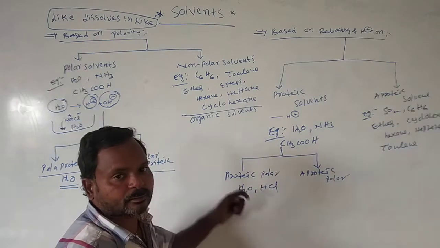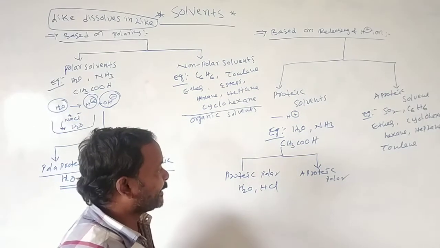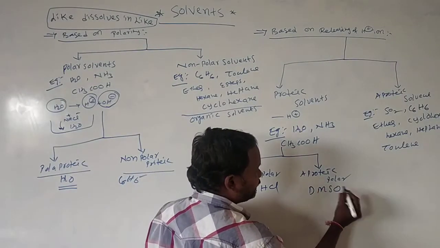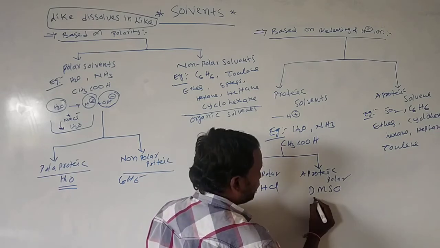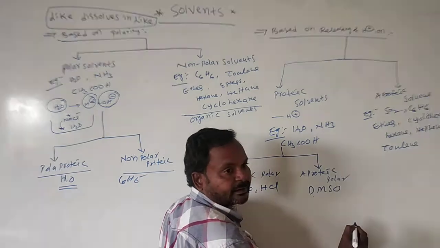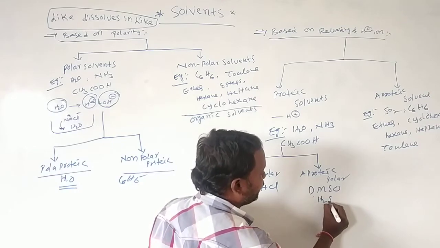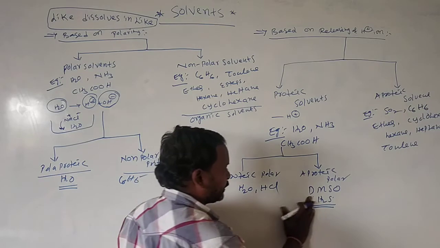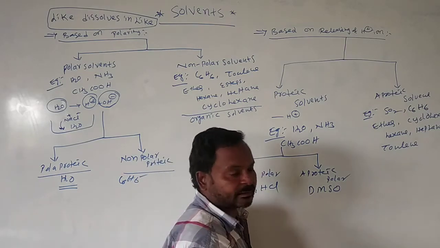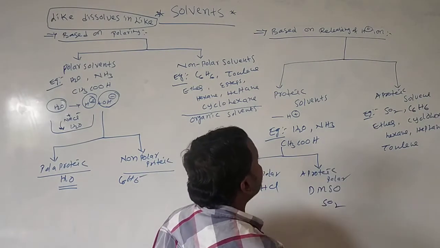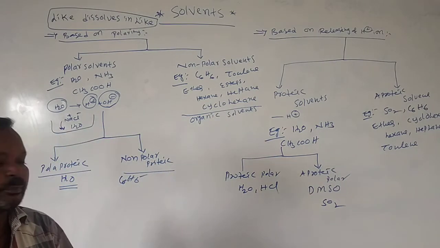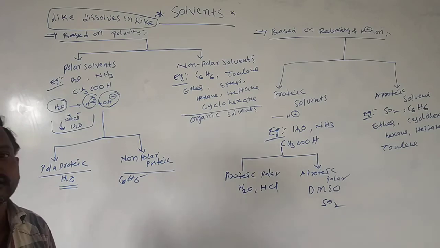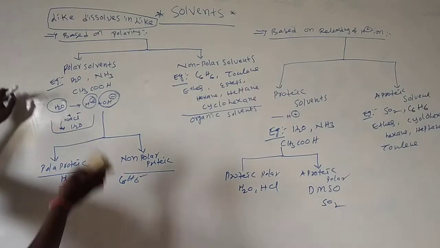All these are the best examples for protic polar. Aprotic polar: DMSO, dimethyl sulfoxide, sulfur dioxide. All these are the best examples for aprotic polar. This is the simple classification based on the H+ ion and based on the polarity.